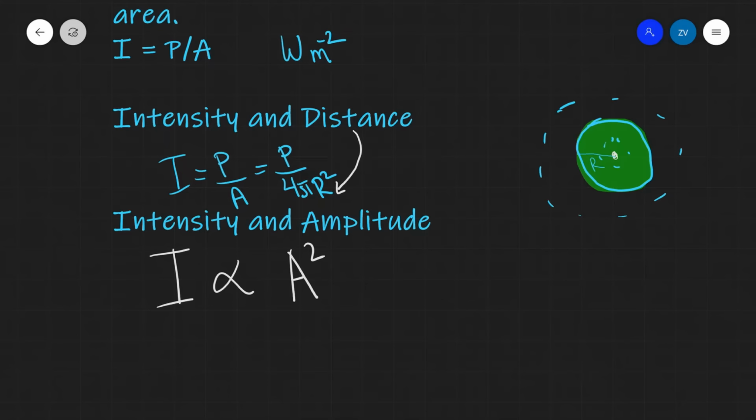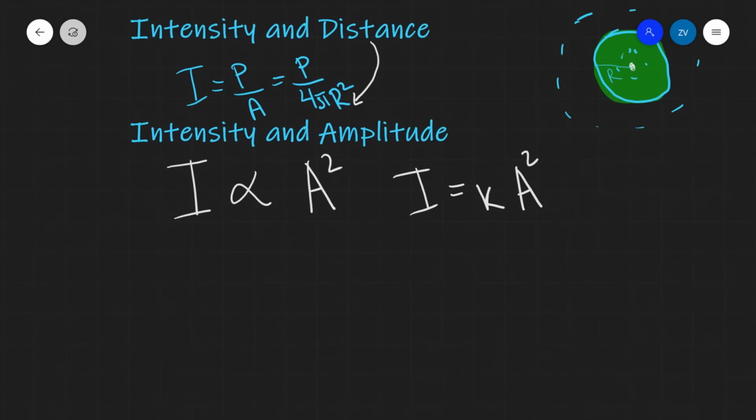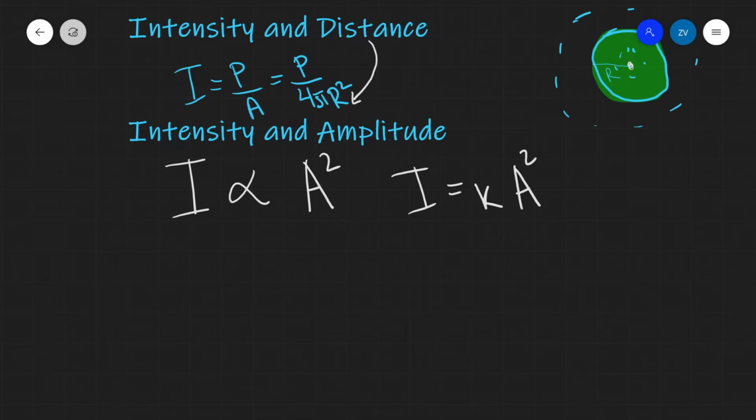Mathematically, we can often express this as the intensity being proportional to the amplitude squared with some constant of proportionality k that we use to calculate using proportionality problems. So in practice, if our amplitude increases, let's say twice, because our amplitude is squared, if we square 2a, well, this will give us a factor of 4a squared.